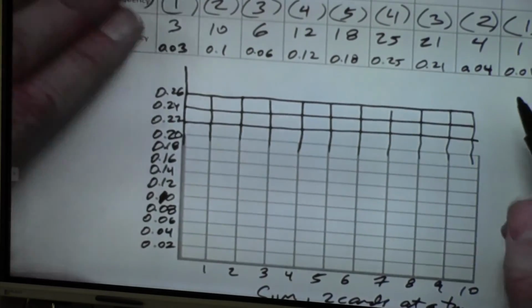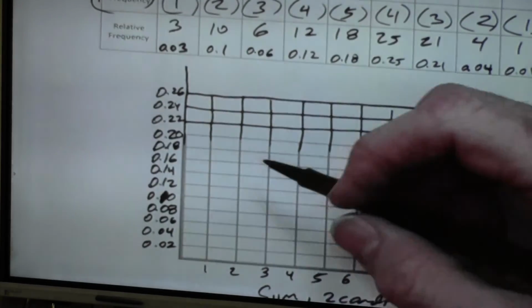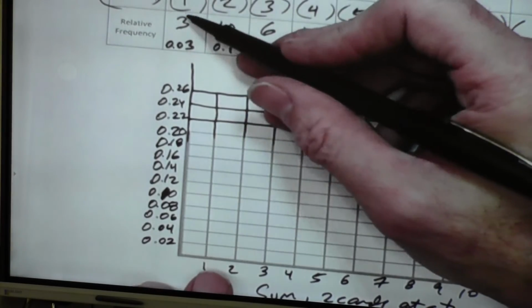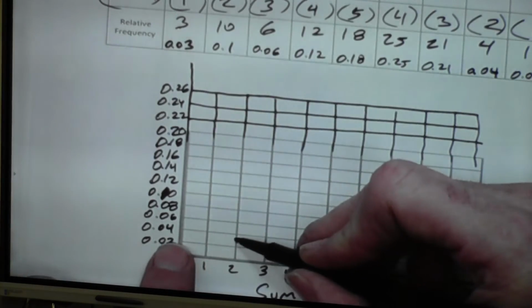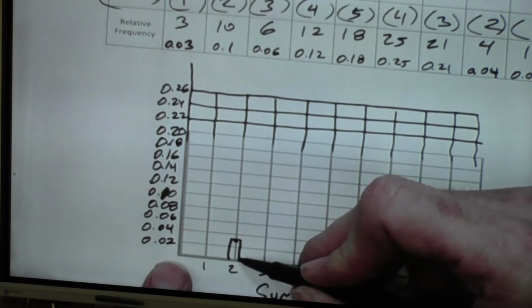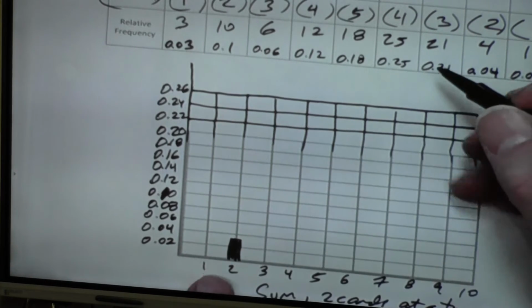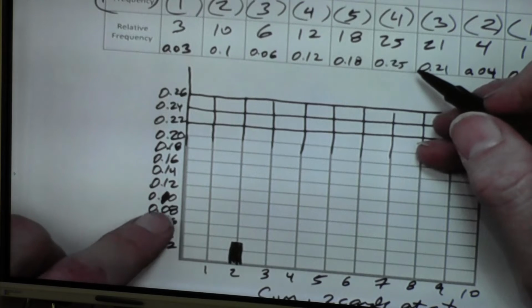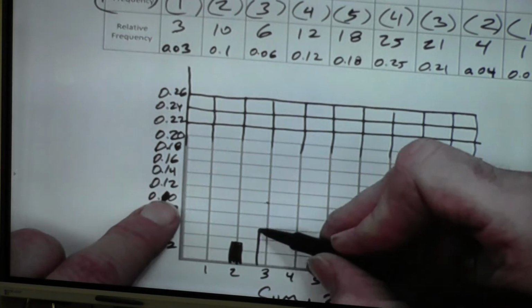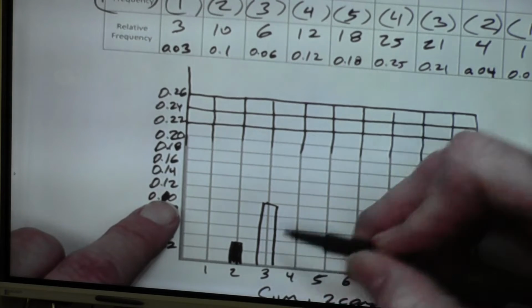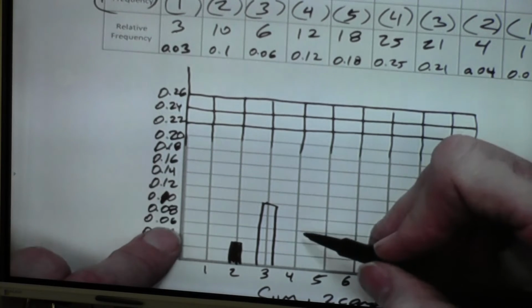Well, now let's graph these, and we'll do the same kind of graph. So for the number 2, it's up to 0.03. The number 3 is at 0.1. So that's right up to here. Number 4 is at 0.06.